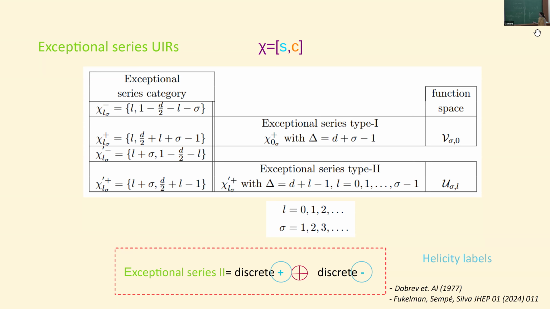Where to look for discrete series? Some particular values of spin and scaling dimensions. You see, we have this extra parameter sigma that can take on these values, d plus 2 plus this.